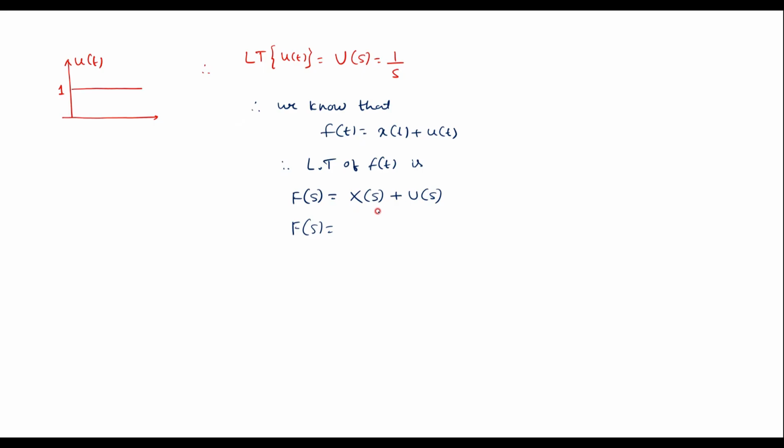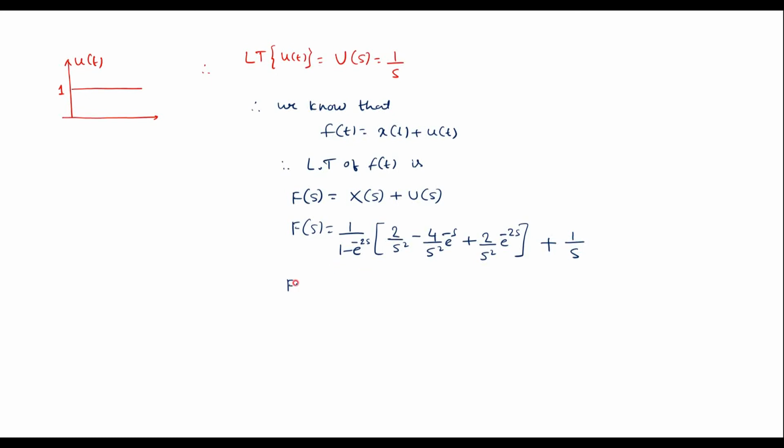F of s is equal to x of s, which is 1 upon 1 minus e power minus 2s, into 2 by s square minus 4 by s square e power minus s plus 2 by s square e power minus 2s, plus u of s, which is 1 upon s.